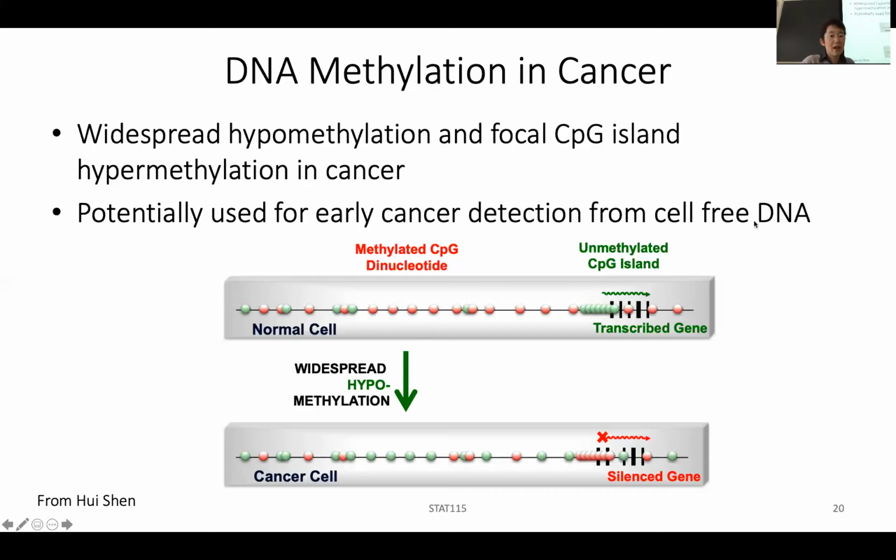But then suddenly, if you take the DNA in the blood that's not in cells, just shed from wherever in your tissues, you see a lot of these repeat regions now unmethylated, and those that are supposed to be open are now methylated. That's a potential way to look at early cancer. And sometimes based on which regions become methylated, you can even guess what cancer it is.